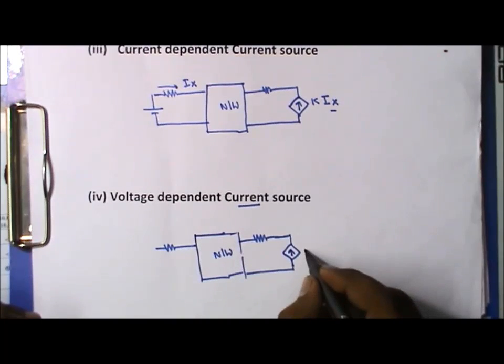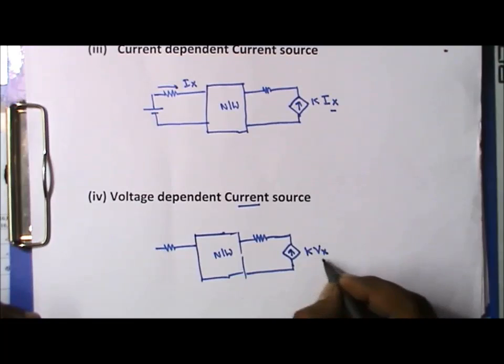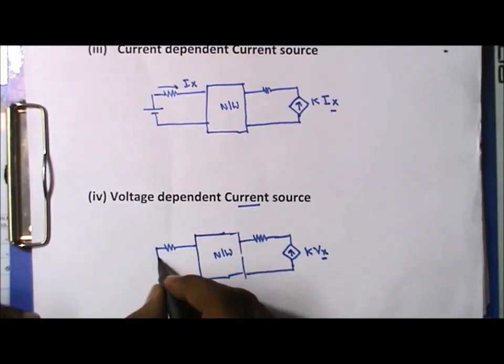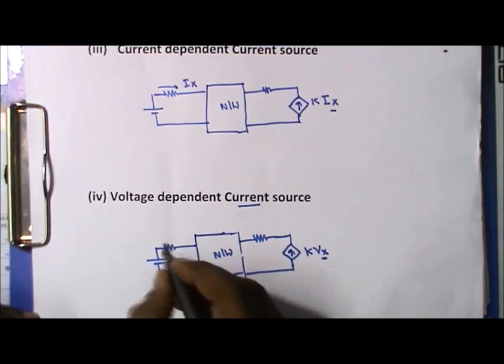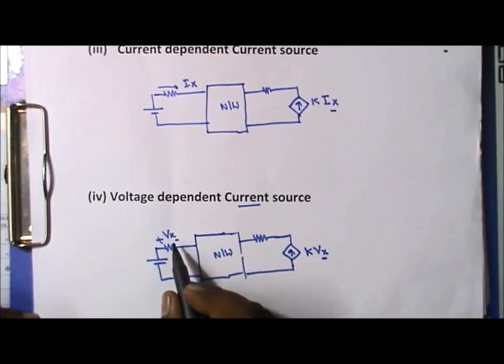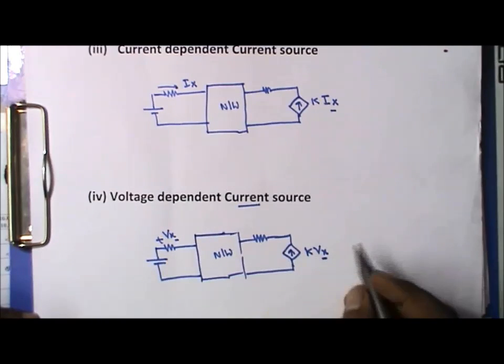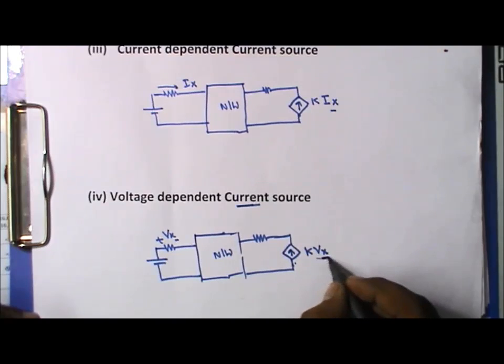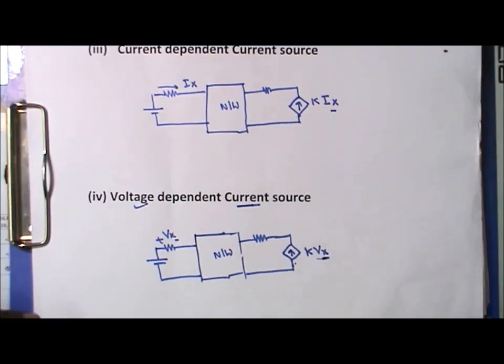That means let's suppose K times Vx, and Vx is a voltage which is anywhere in the circuit as shown below. This current source depends upon this voltage magnitude, so it is called a voltage dependent current source.